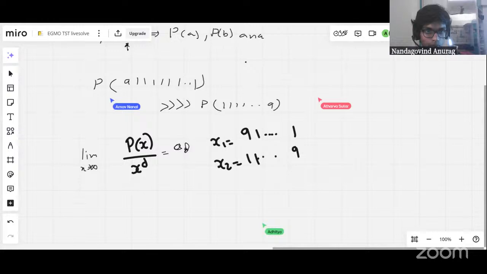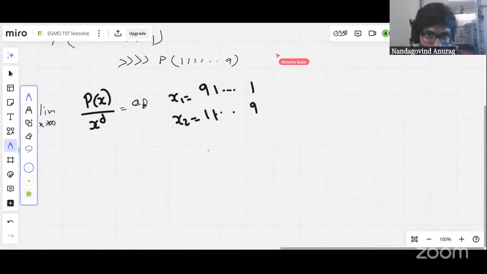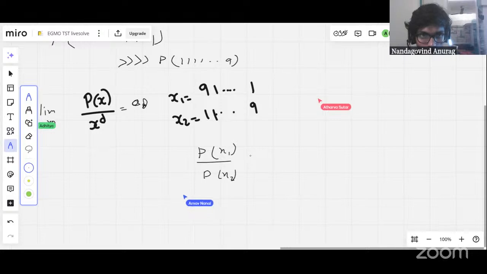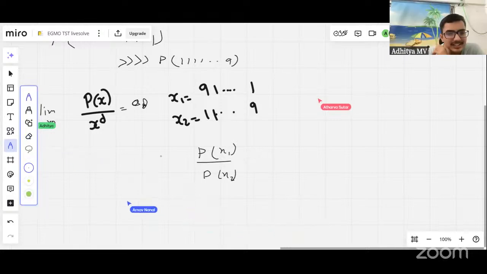So yeah, the point is p(x1)/p(x2) will tend to... we can just write it as a limit, as n tends to infinity.